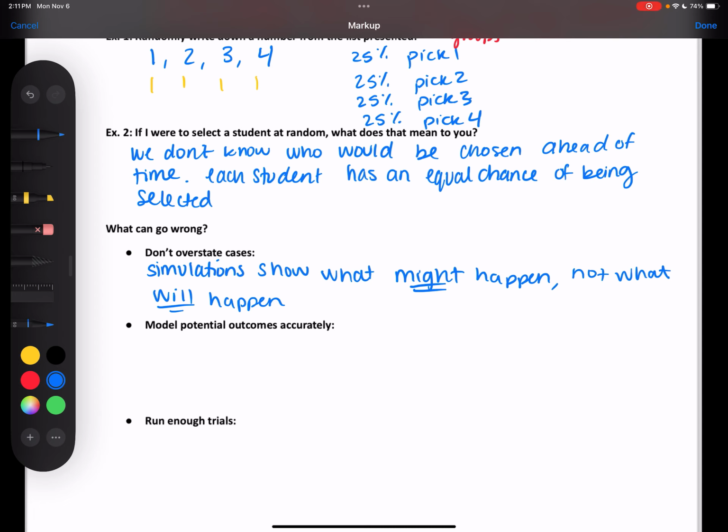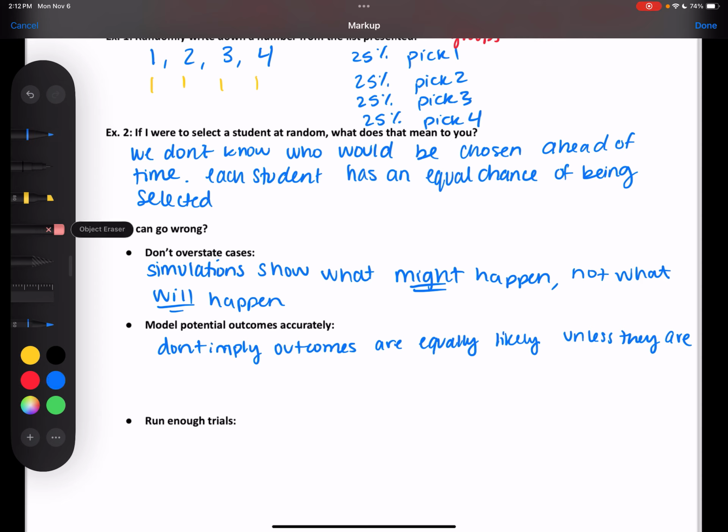To model potential outcomes accurately, don't imply outcomes are equally likely unless they are. So when we did that candy example, there was a 10% chance of choosing blue, a 40% chance of red, and a 50% chance of white or something like that.